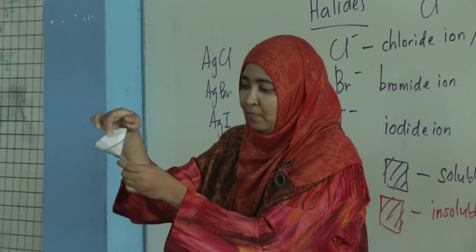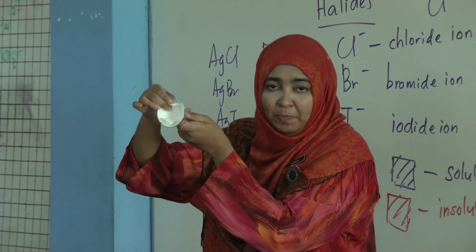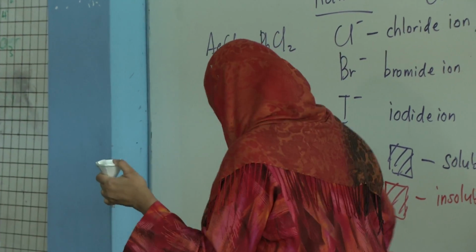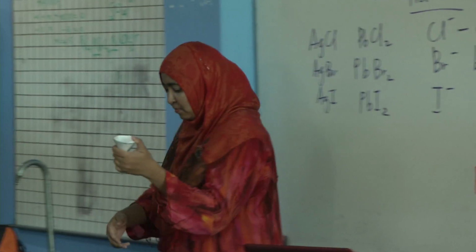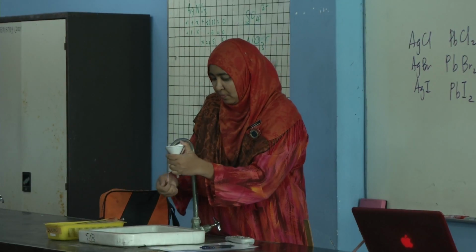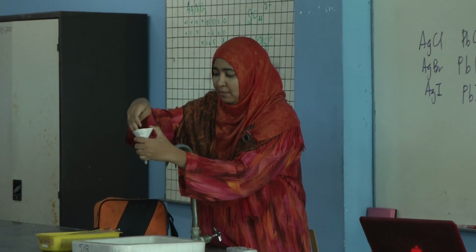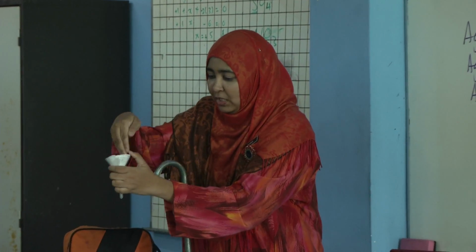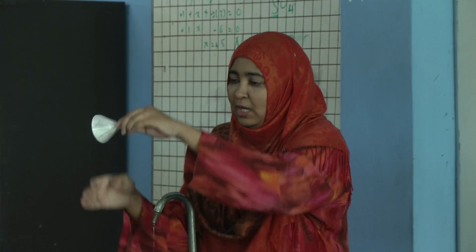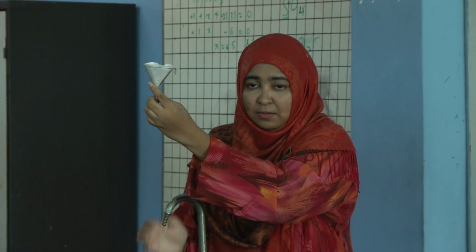But as you can see, the filter paper does not sit properly inside the filter funnel. So what I have to do is, I just have to sprinkle some water, like that. Okay, wet it. So use your fingers to wet it. And now it is sticking.